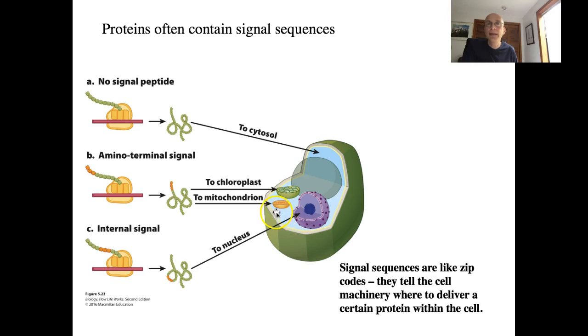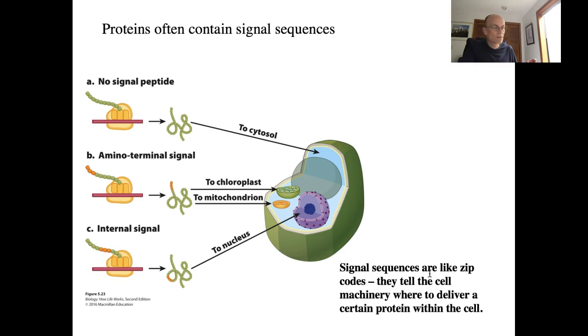Most of them are translated in the cytosol. So how do they get back into the nucleus where they're acting in the transcription process? So they have to be targeted back through the pore into the nucleus. And that's what these signaling sequences are for. So I write here signaling sequences are sort of like zip codes.